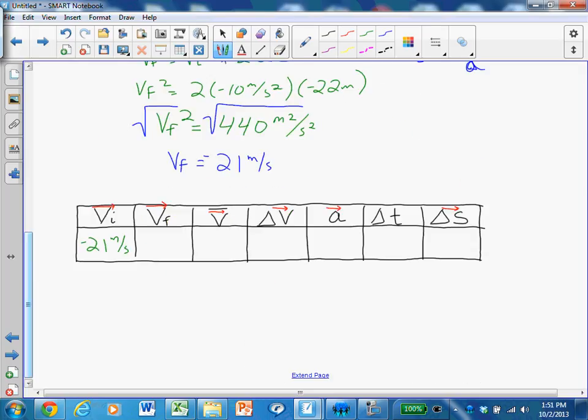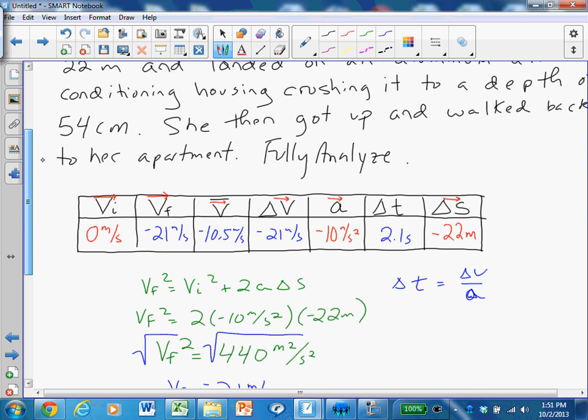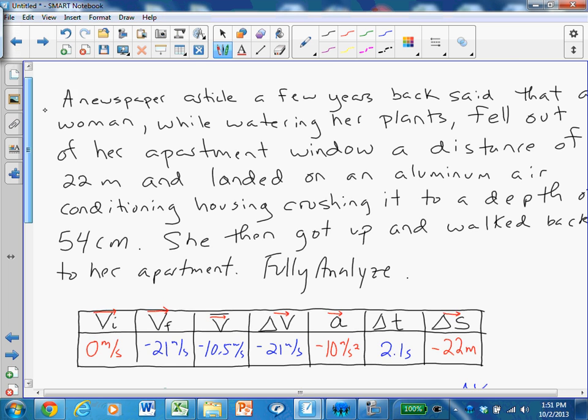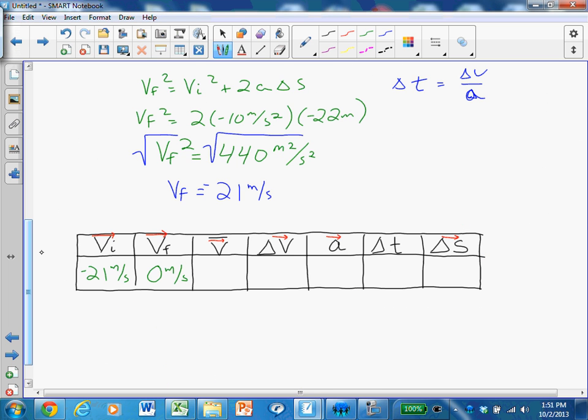And she's going to stop, so that's going to go to 0. And we were also told that it was crushed 54 centimeters, which is 0.54 meters, and that is also negative. Negative 0.54 meters, and A is minus 10 meters per second squared.